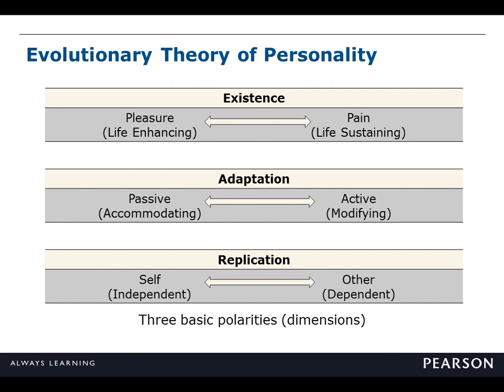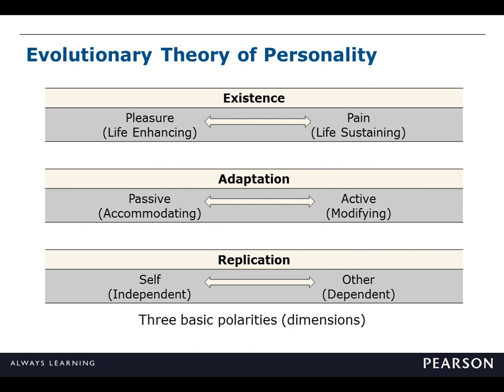Similarly, too, for the other 2 major areas, the second of which being adaptation, the idea of how it is a person adapts to their world. How do they interface with their environment? In this case, we're talking about either a passive orientation, where a person essentially finds a suitable enough environment, and if anything, changes the self in order to be able to best survive.